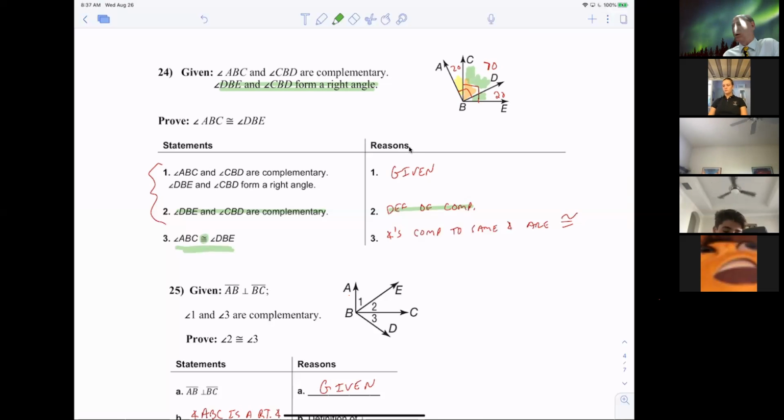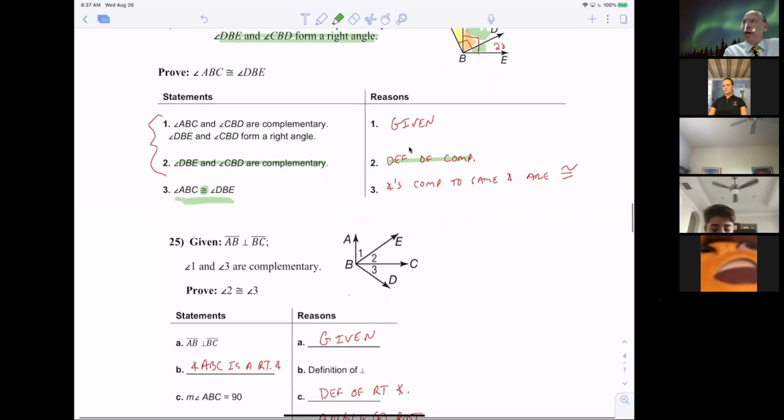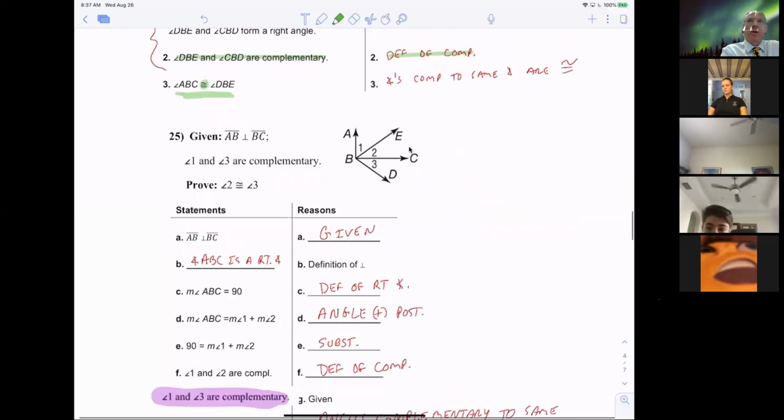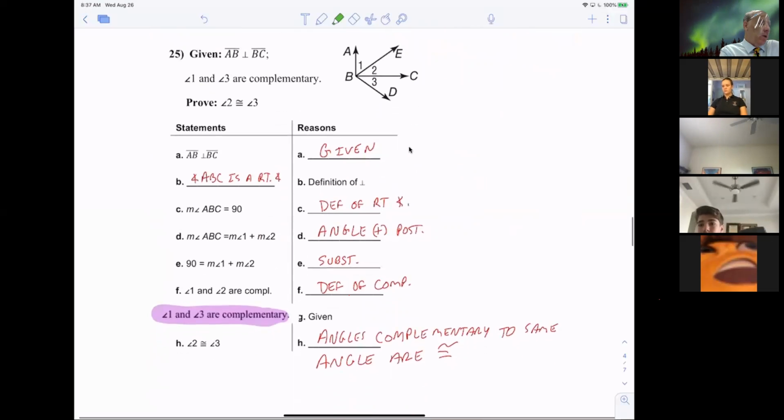I can draw a right angle, just one angle. But complementary, you need two angles. Hopefully I'm helping. I understand it's frustrating, okay? Just the little details. All right, let's look at 25.